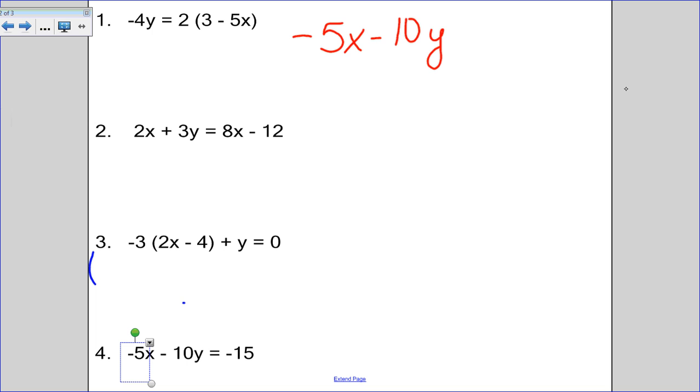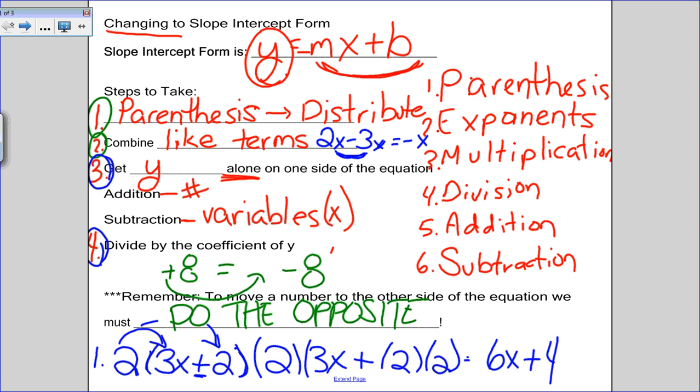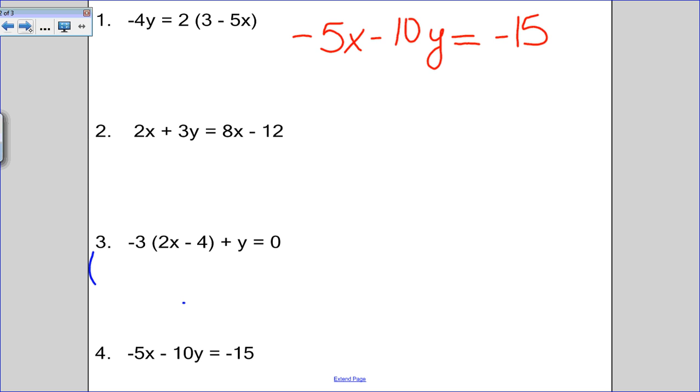Okay, negative 5x minus 10y equals negative 15. Okay, so first step was parentheses. Do you see any parentheses to distribute? I do not.